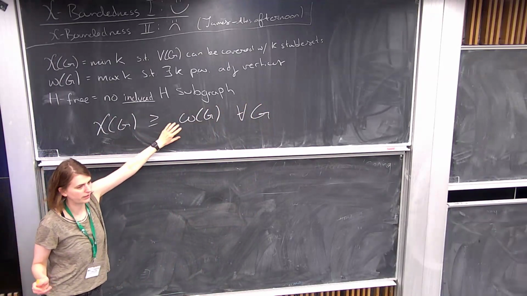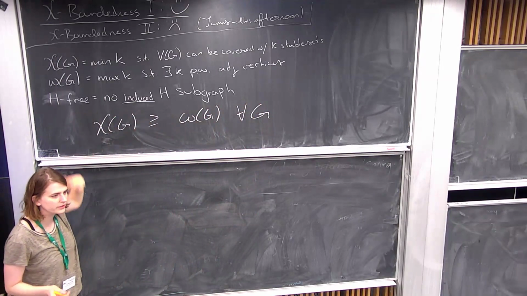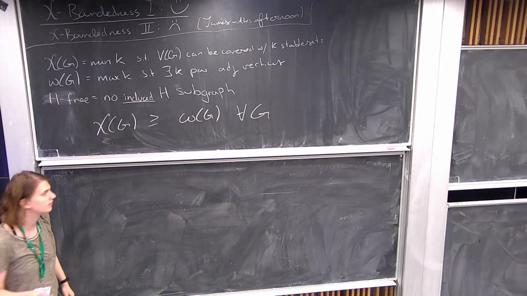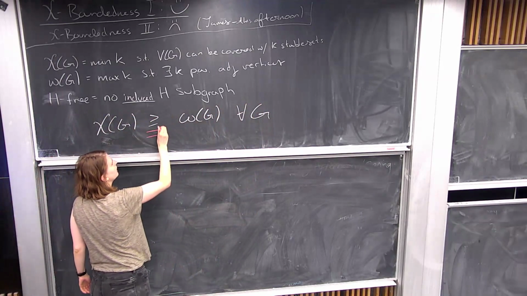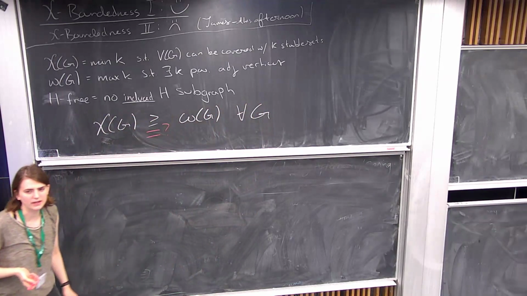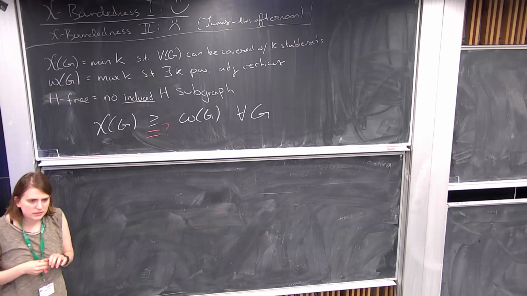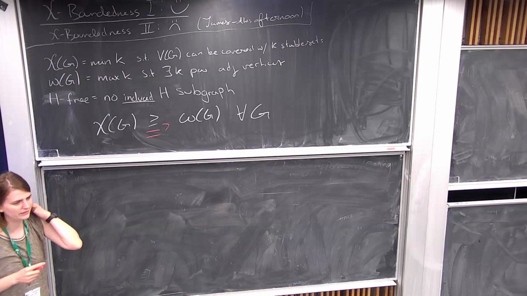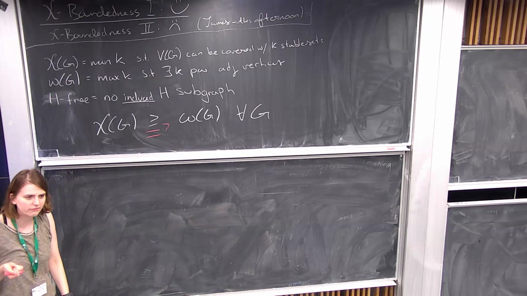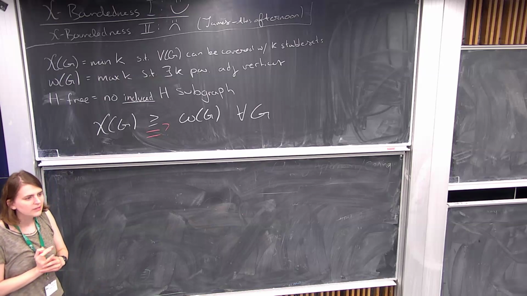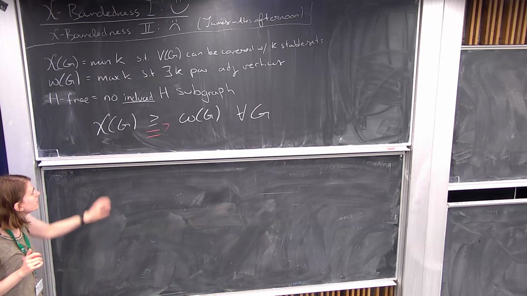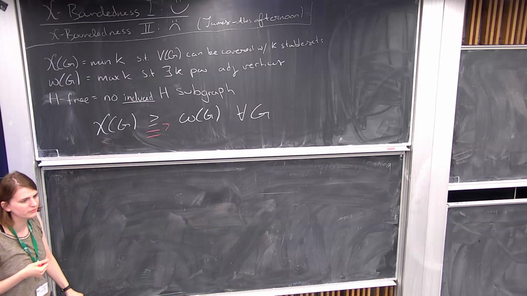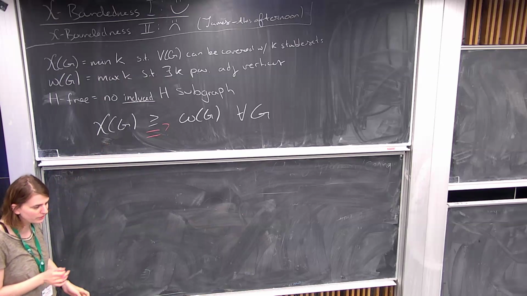Is there any way we can also get an upper bound here? So the most naive question is, do we always have equality? And I think given a minute, everyone, who hasn't seen it already, which is probably a minority of you, could draw a counterexample and find a graph whose chromatic number is bigger than its clique number.